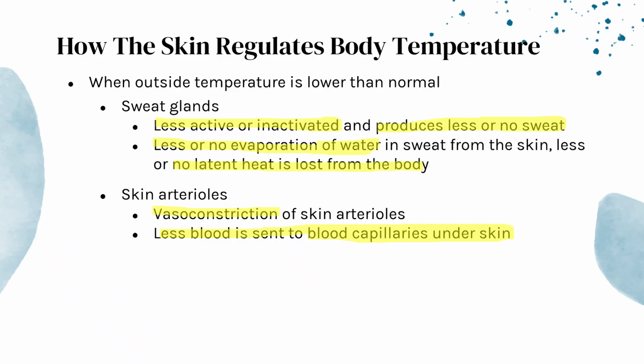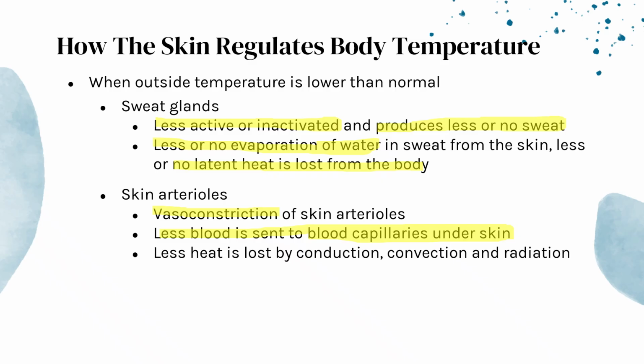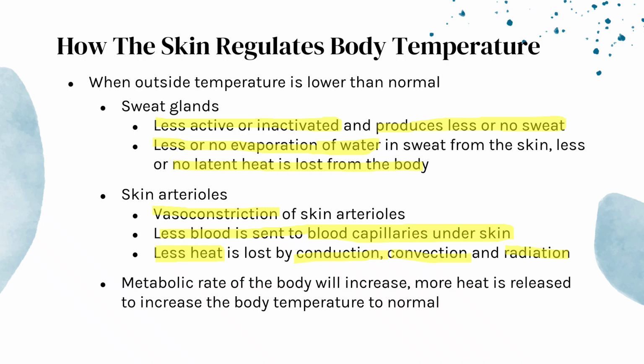So the person will look a little paler than normal because there is less blood directly under the skin. Because there is less blood under the skin, the heat loss is also less in terms of conduction, convection, and radiation. Actually the writing style is exactly the same, it's just the opposite. So please take note of how you write it.